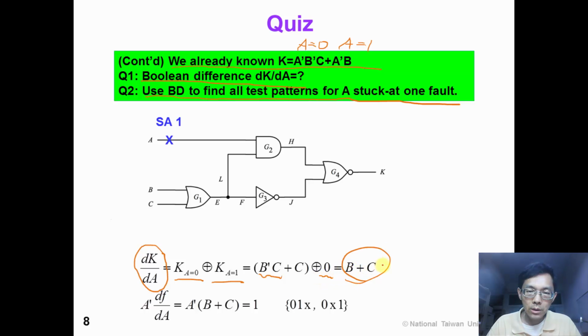So the answer is B plus C. The test set to detect A stuck at 1 will be A prime times the Boolean difference, which is A prime times B plus C equal to 1. This corresponds to 01x or 0x1.